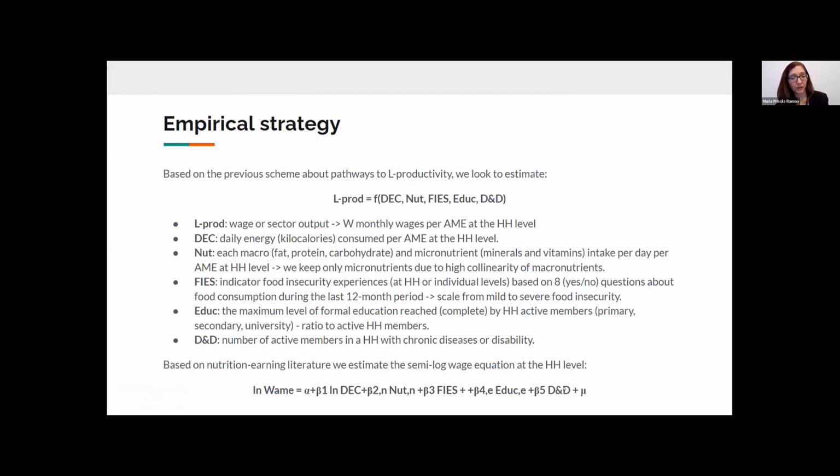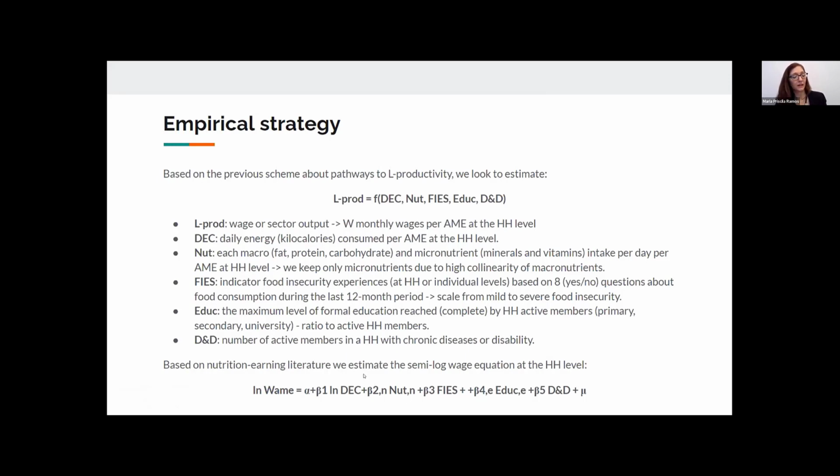As explanatory variables, we will try different nutrients, food security and nutrition indicators, that is the energy, DEC, and also macro and micronutrients.